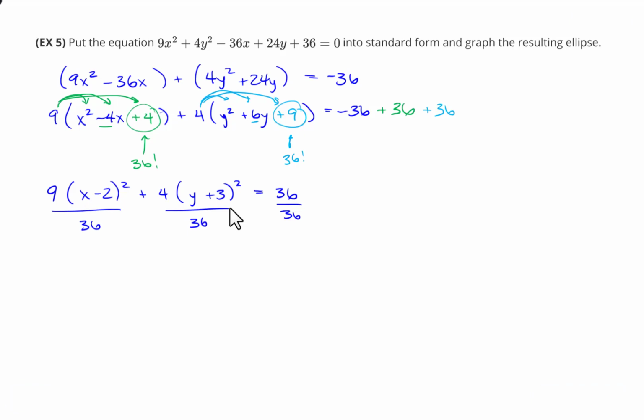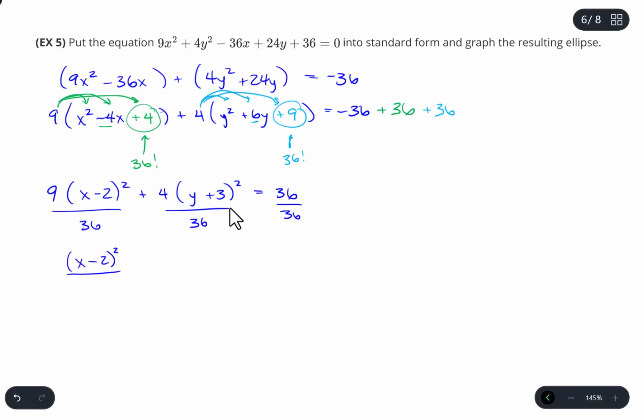So nicely, 9 goes into 36 4 times exactly. 4 goes into 36 9 times. And 36 over 36 is 1.